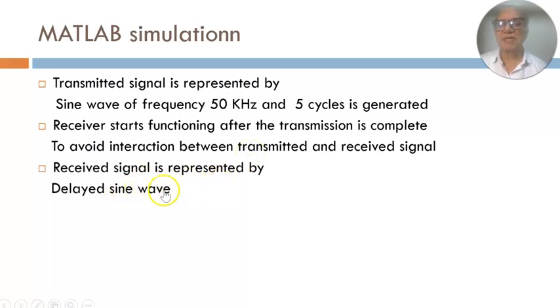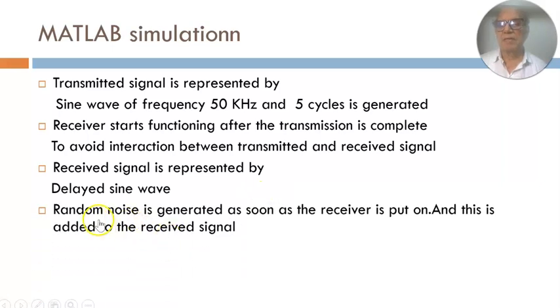Now the received signal is represented by the delayed sine wave. Random noise is generated as soon as the receiver is put on, and this is added to the received signal. So what I am describing is what we are going to do in our simulation. We first generate a sine wave of a definite time duration.